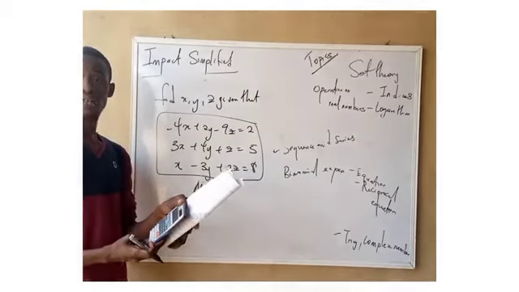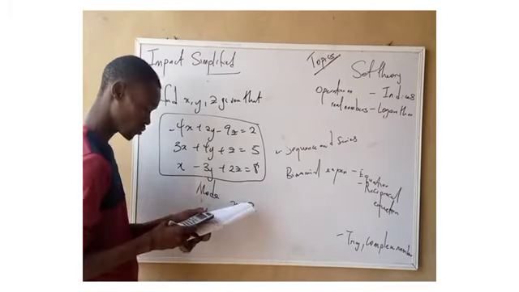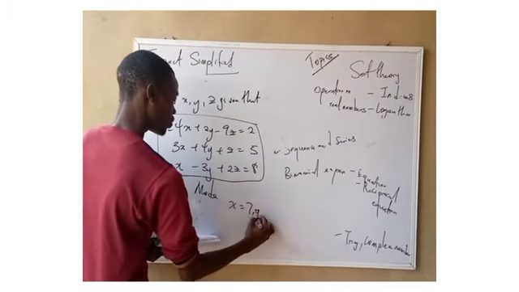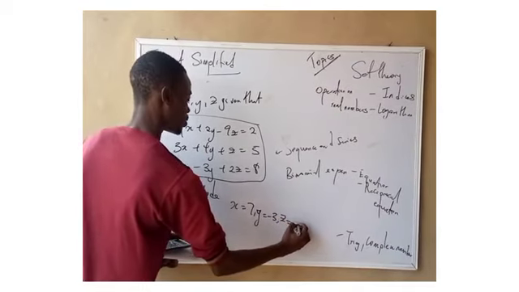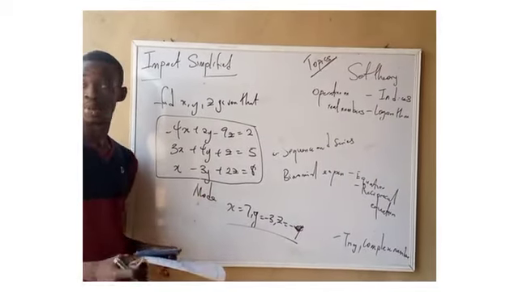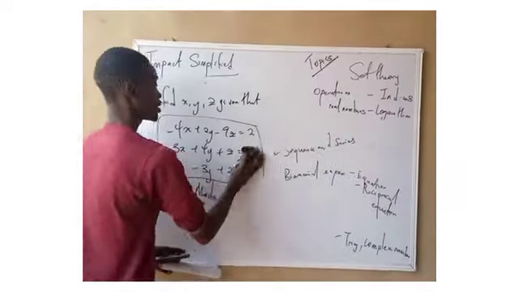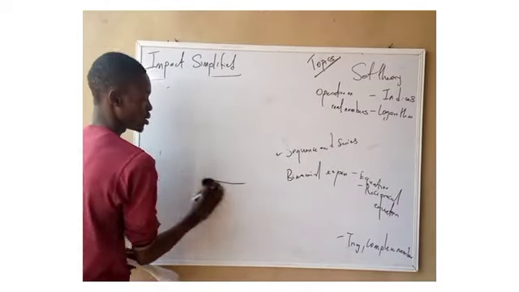Is 8. After pressing everything, press equals again. That means your x will give us 7, and your y will give us minus 3, and your z will give us minus 4.